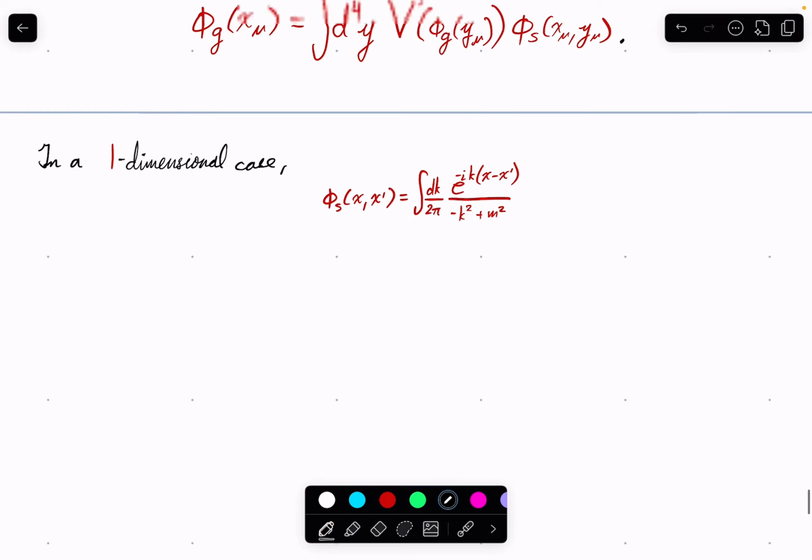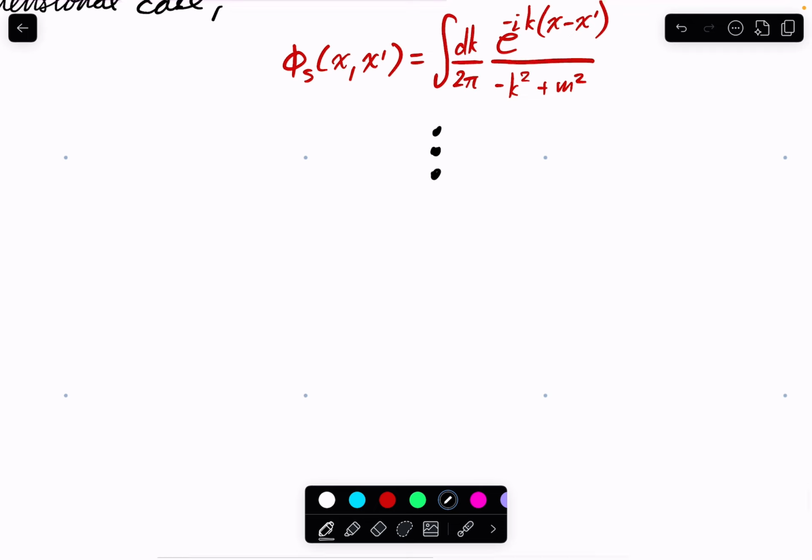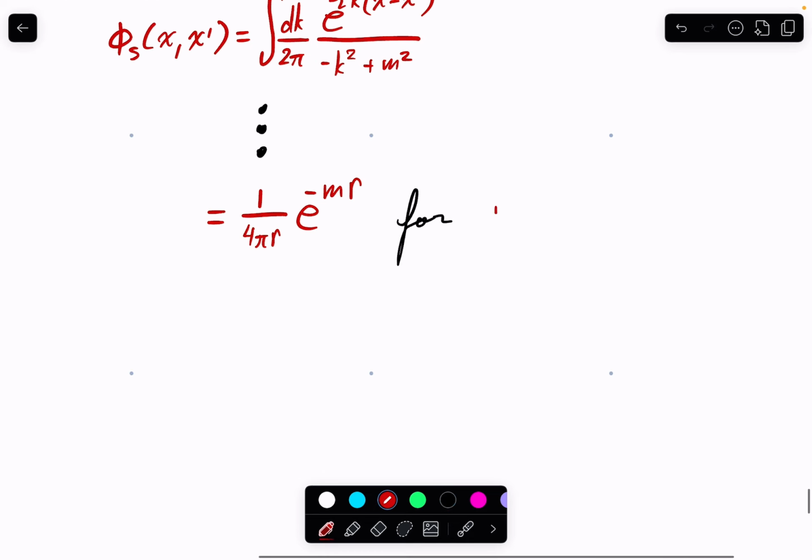Then, via some complicated math that we don't know yet, if you perform this integral, it ends up being equal to 1 over 4 pi r e to the minus m r, where m is the mass, and r is the magnitude of the distance x minus x prime.